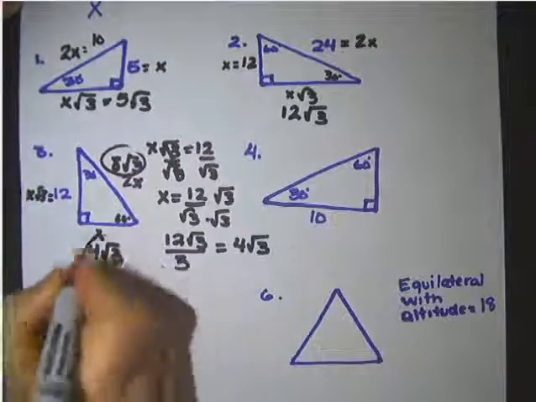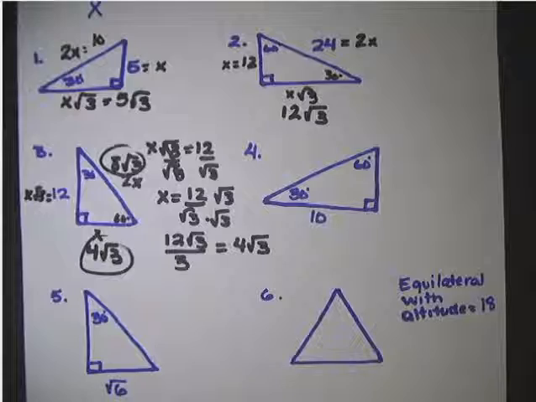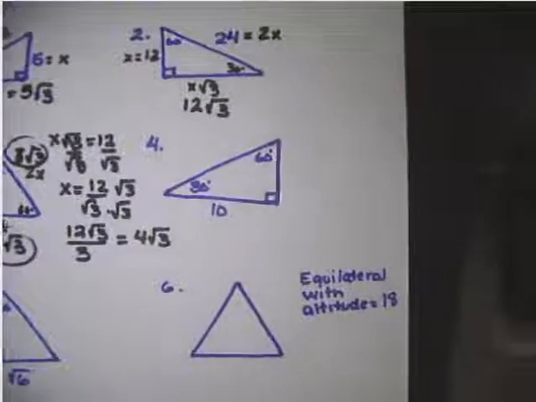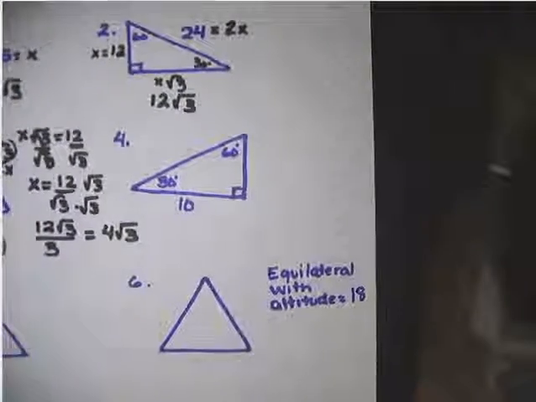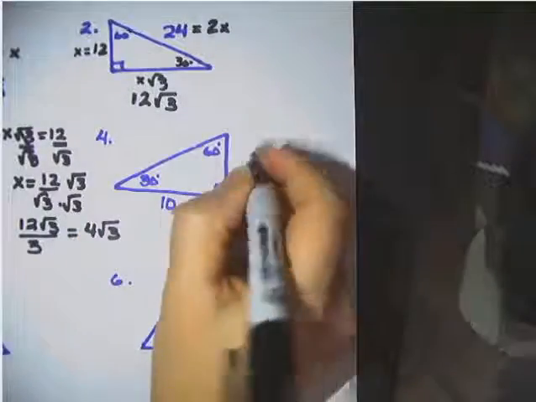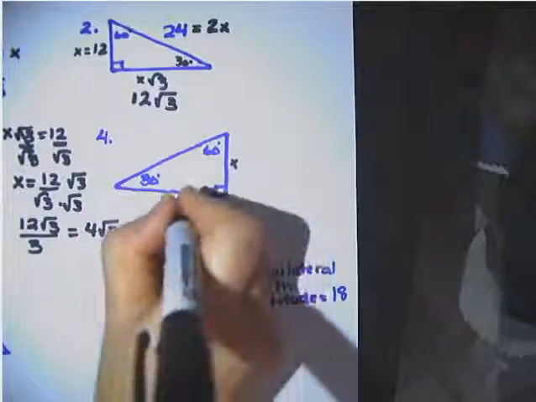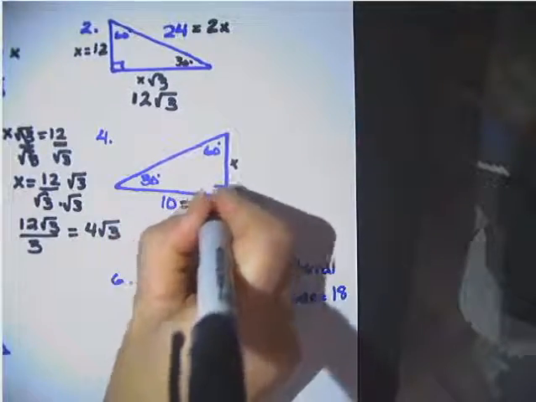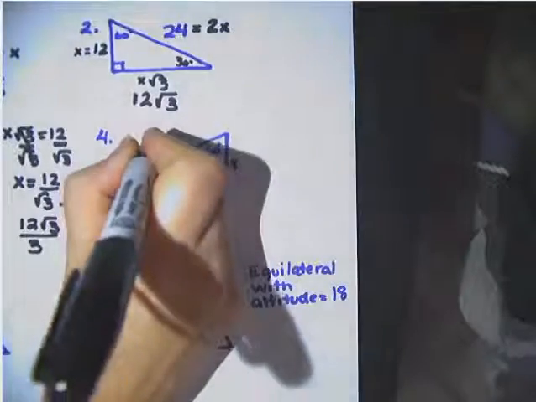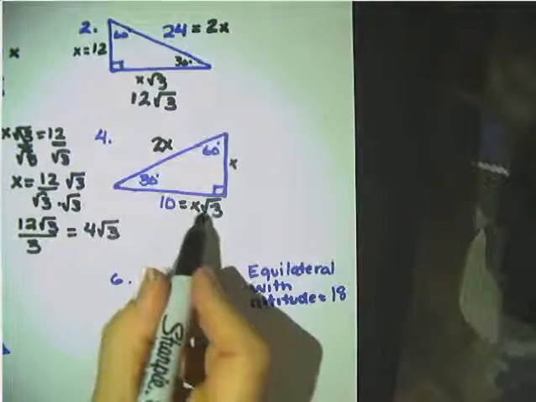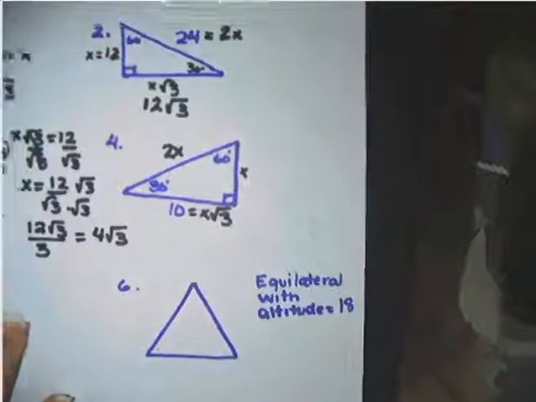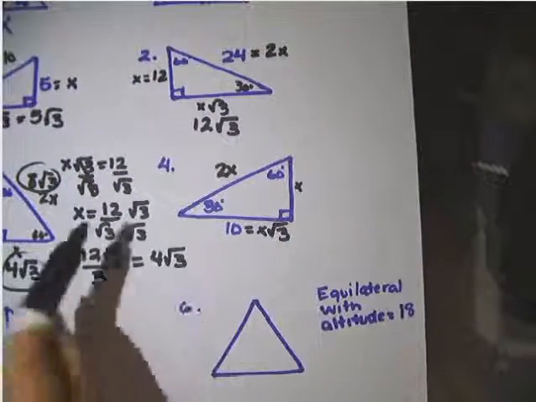Okay, next problem, number 4. Again, we have the side across from the 60. So the 30, there's our x. This is equal to x root 3. And this is equal to 2x. So hopefully you're starting to notice that when you divide by root 3 and rationalize, every time you're dividing by 3 and multiplying by root 3.